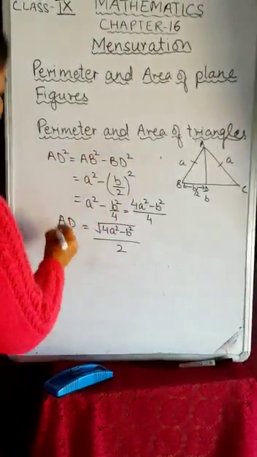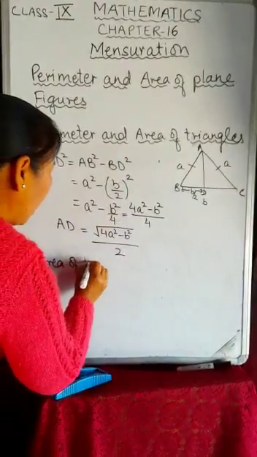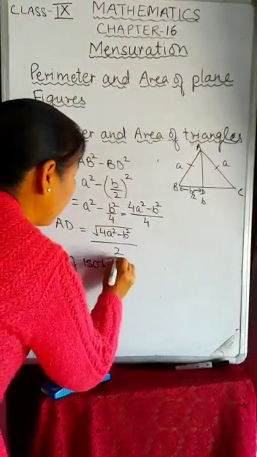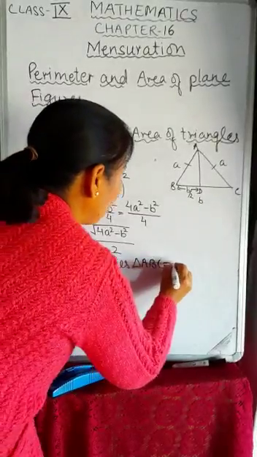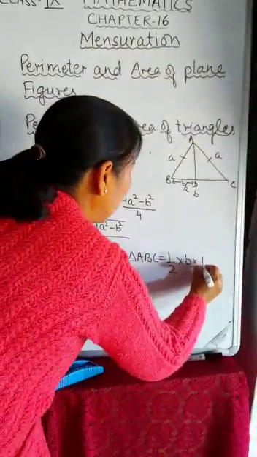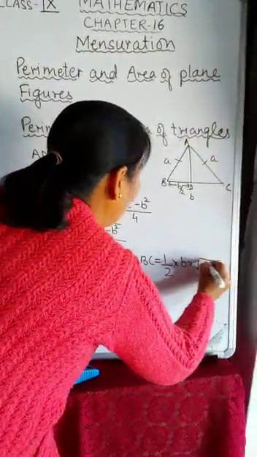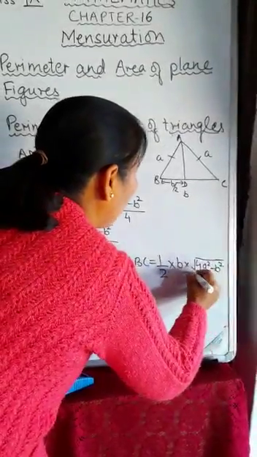So according to this, the area of isosceles triangle ABC is equal to half into base, which is b, and the height, as we have taken out, is under root 4a square minus b square upon 2.